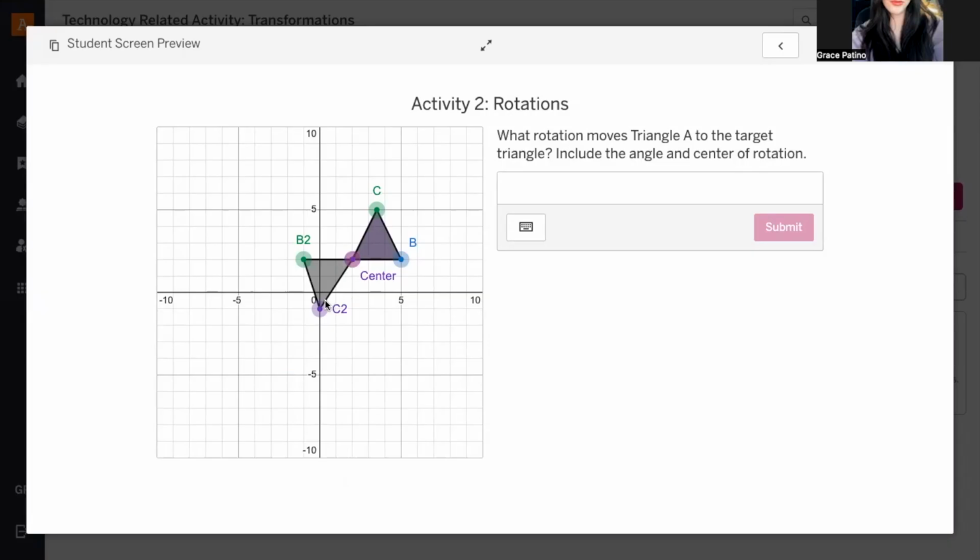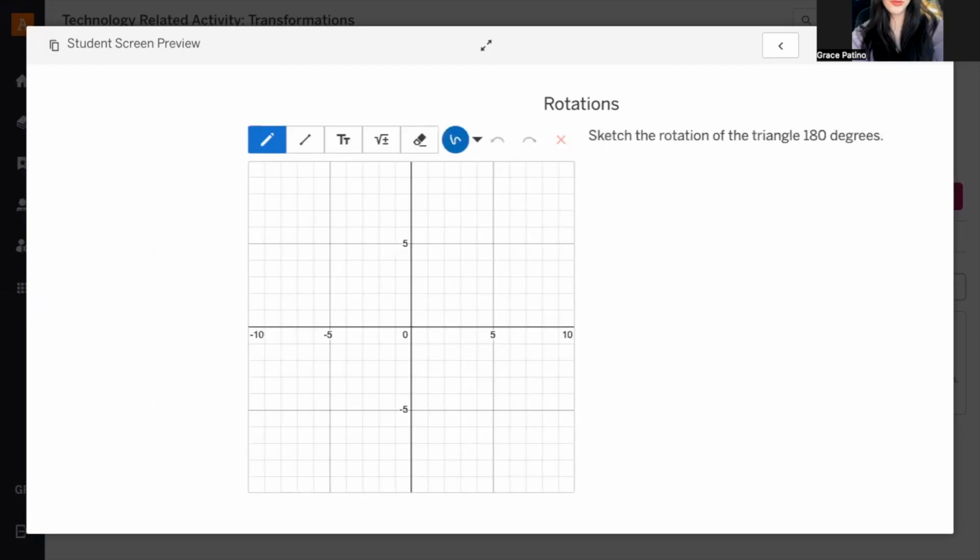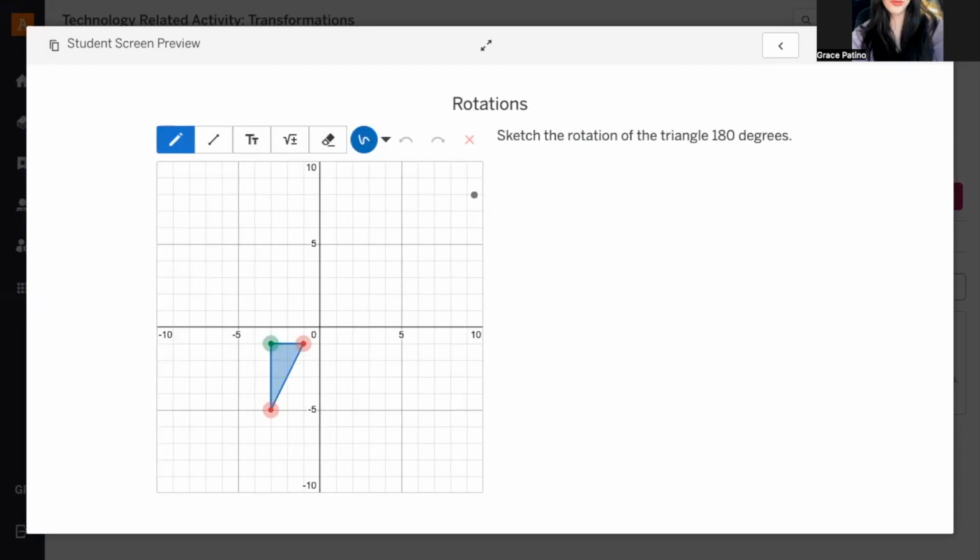So here, this original triangle, you would see what is the rotation that makes it move to the second triangle. And then students would type in the angle and center of rotation. And then for this one, it says sketch the rotation of the triangle 180 degrees.